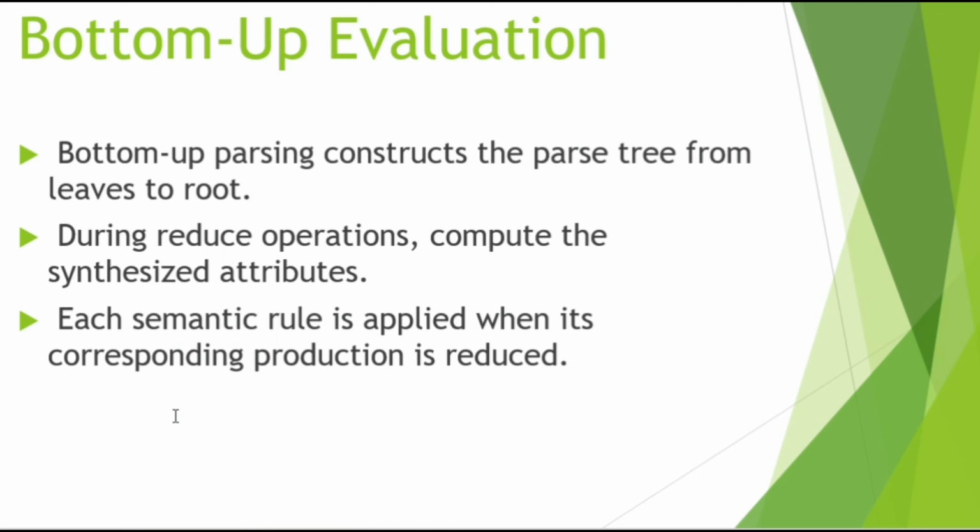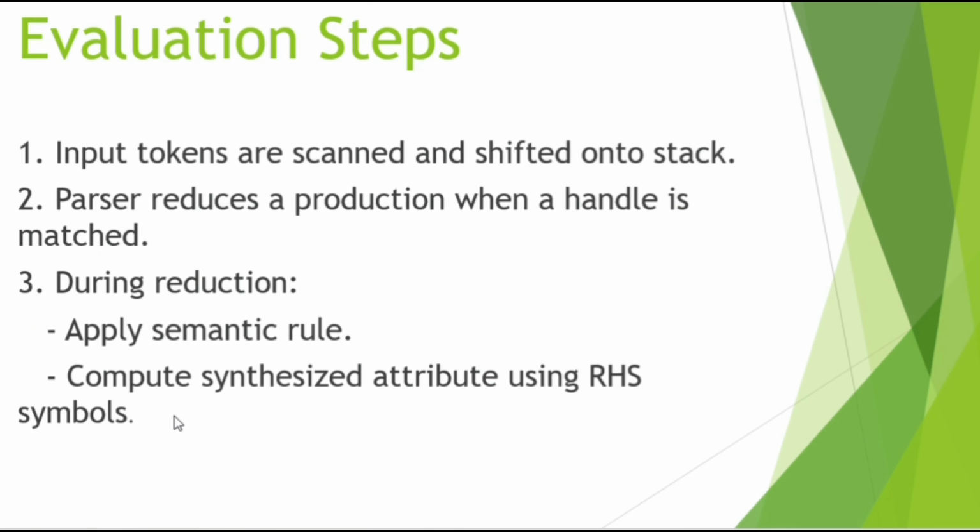At every reduction step, we also compute the semantic values using the synthesized attributes. This is what we call bottom-up evaluation. Each reduce step triggers a semantic action. So in the next slide, we are going to see the evaluation steps.